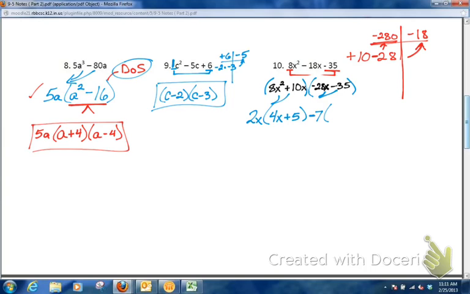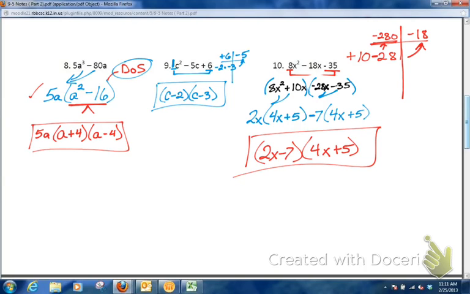Much easier to do if you have the right number there. Factor out a negative 7 leaves me with 4x plus 5, which then shows me my correct final answer: 2x minus 7 and 4x plus 5.